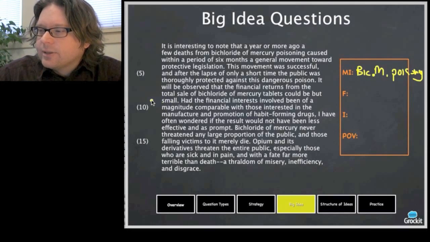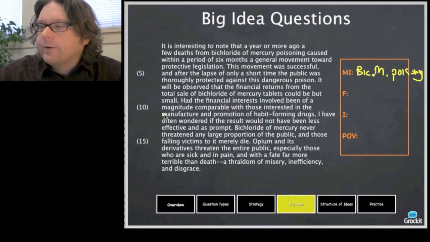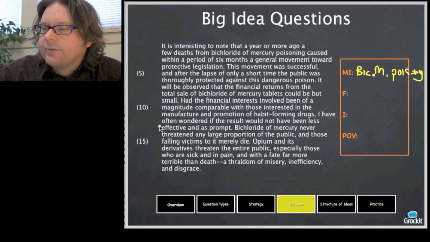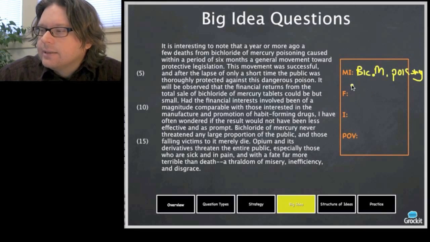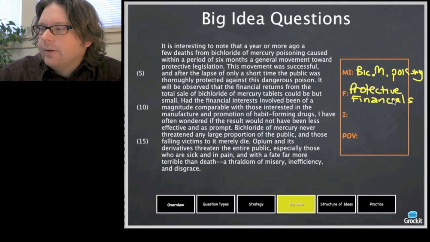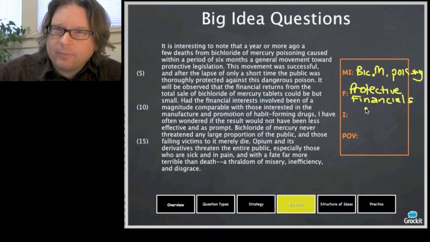Had the financial interests involved been of a magnitude comparable with those interested in the manufacture and promotion of habit-forming drugs, I have often wondered if the result would not have been less effective and as prompt. Okay, so now clearly the focus is on the protective measures and then the financial aspects of what the substance is that people are being protected from.